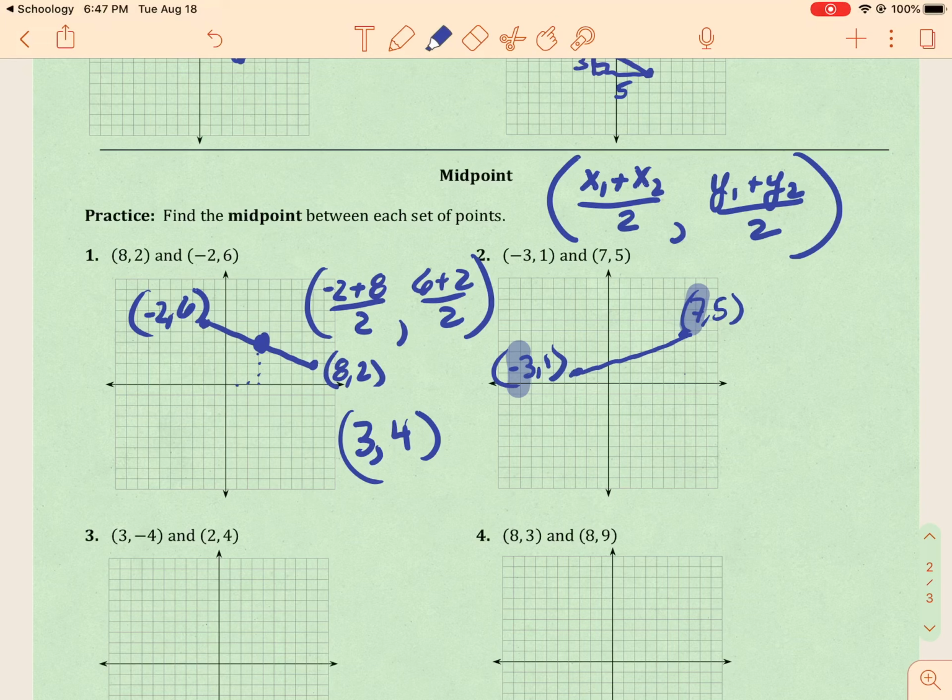The distance from negative 3 on a number line to 7. So negative 3 to 0 is 3, and then 0 to 7 is 7. So it's a total of 10 units. Well, we're taking the midpoint of those 10 units, so we have to go 5 units over. That means if I start at 7 and go 5 units that way, or if I start at negative 3 and go 5 units that way, I'm going to end up at the same point, which is at 2.